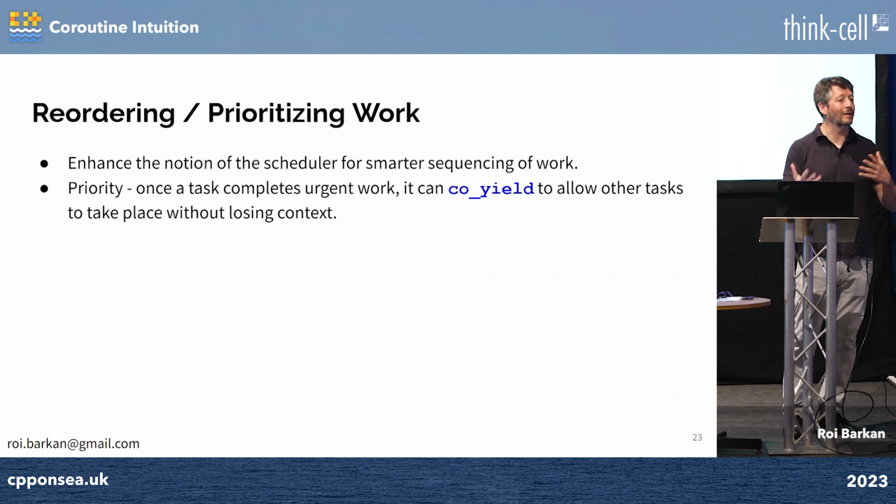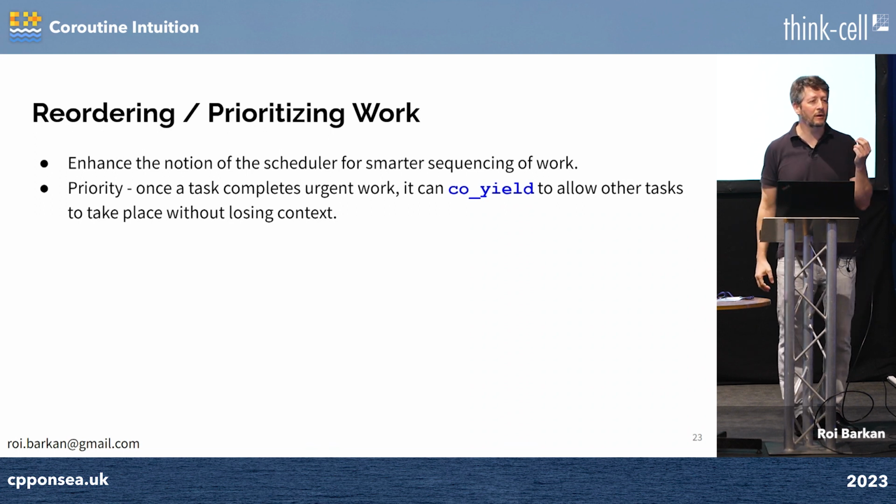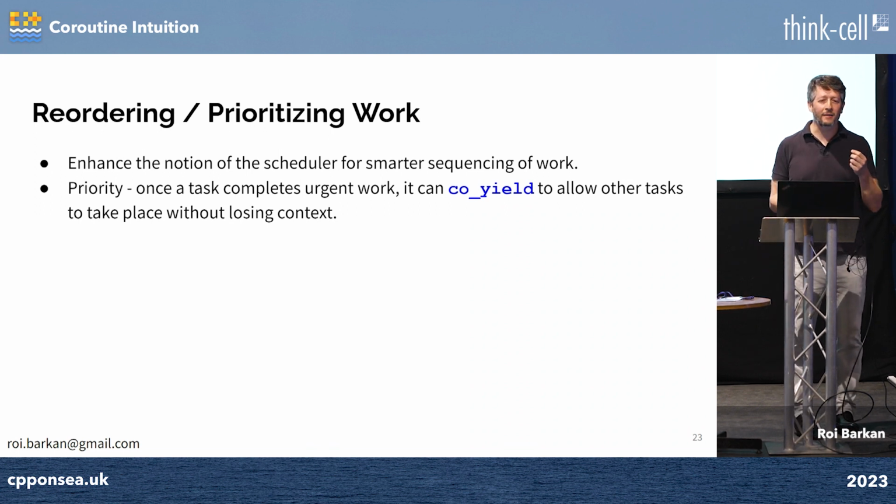I can run whichever task has the top priority right now. And the interesting thing here is that it's not that every actor is created with a static priority which is its priority from start to finish. As a coroutine is running, as an actor is running, it can decide to upgrade its priority or downgrade its priority, go back to the scheduler, and let the scheduler do its thing.